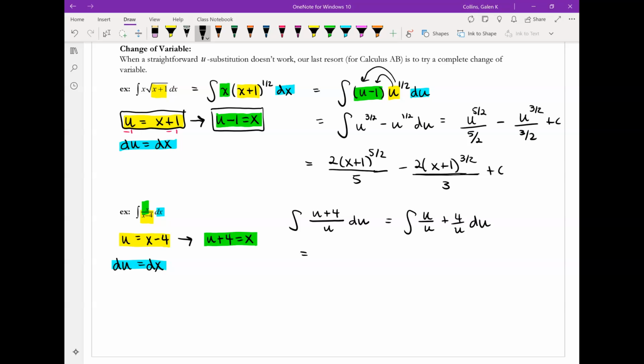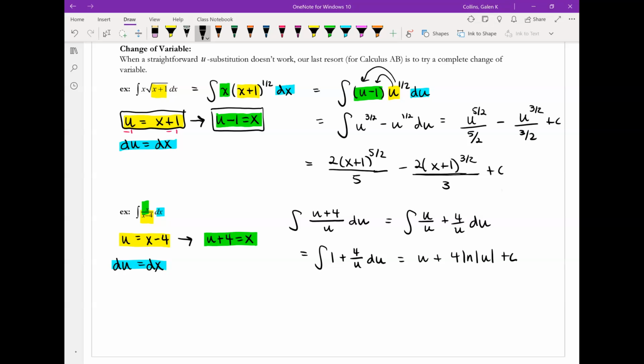And then we could simplify. U over u is just 1. And now the antiderivative of 1 is just going to be u. 4 over u is 4 times the natural log of the absolute value of u, all of that plus c.